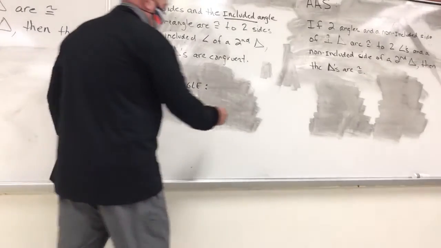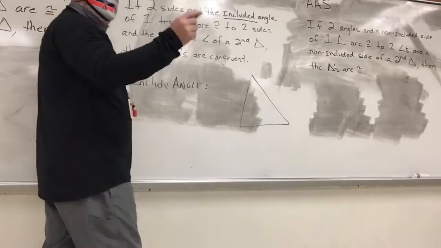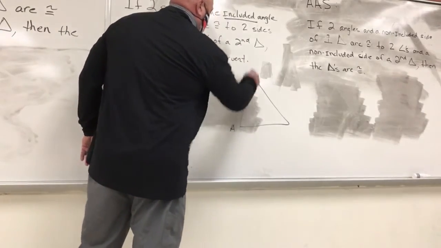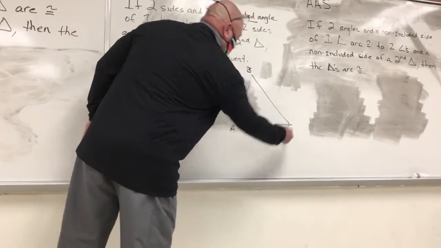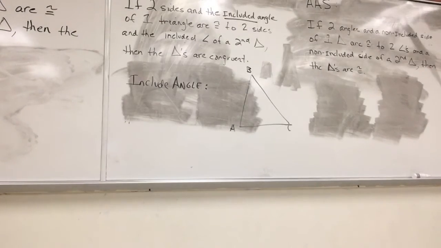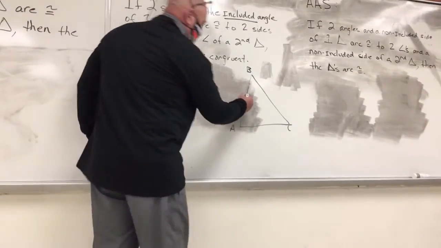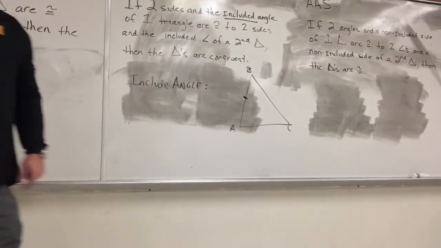Let's draw a triangle to help us out here, and label that triangle A, B, and C. Let's put tick marks on two sides. What sides do y'all want to put tick marks on? BA. Okay, what else? BC.